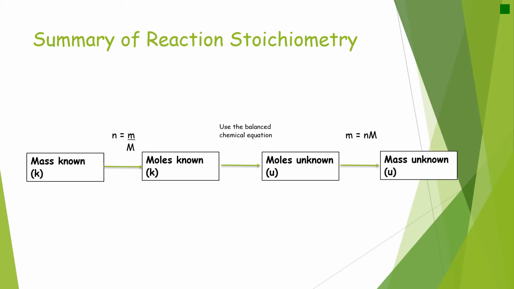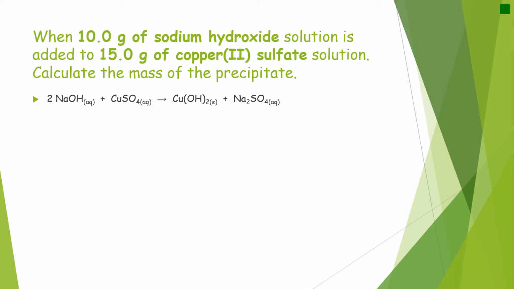Like any stoichiometry, after we've got our balanced chemical equation, we have to find the moles known from the mass known, and we do this by using number of moles equals mass over formula mass, except this time we've got 2 knowns. So let's find the moles.